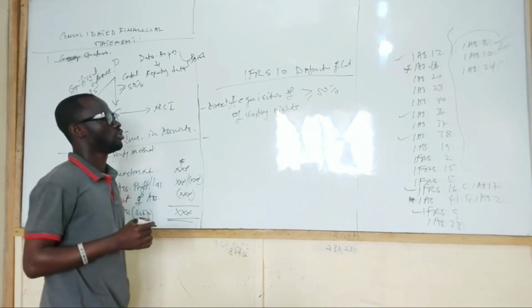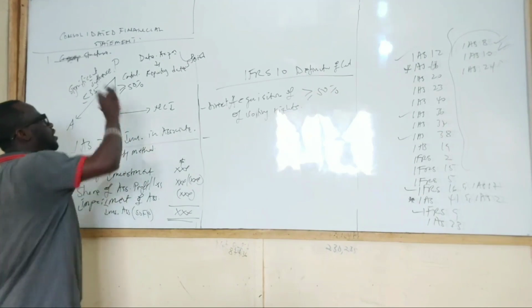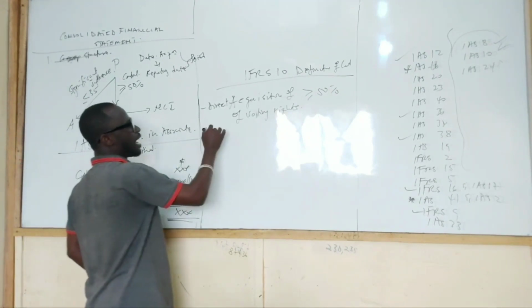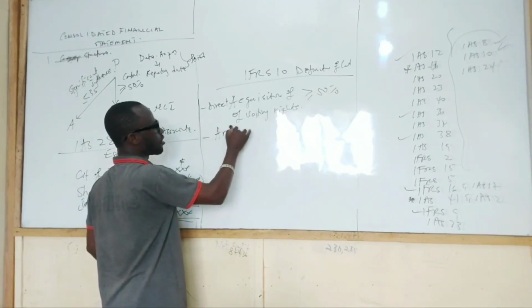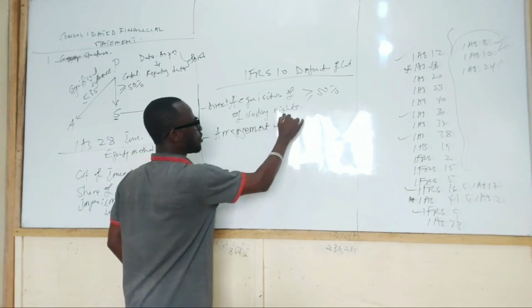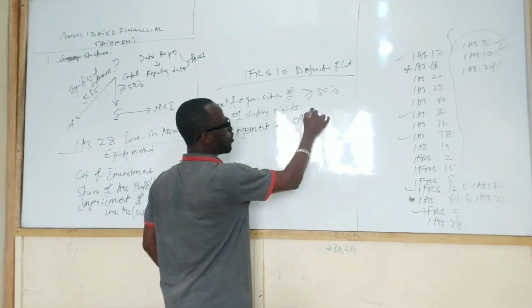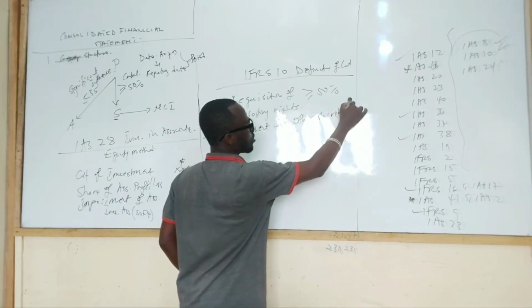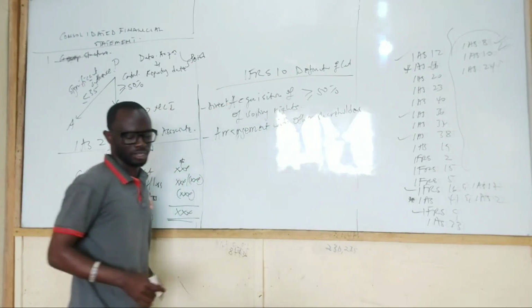Two, the entity can obtain voting rights by arrangement with other shareholders. What does that mean?